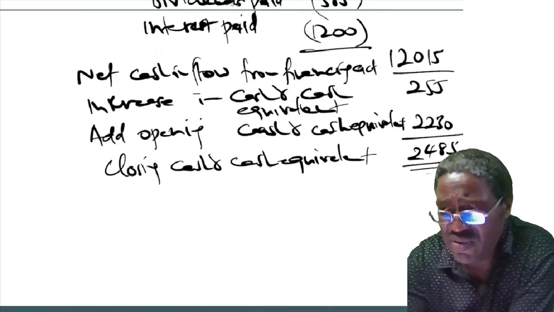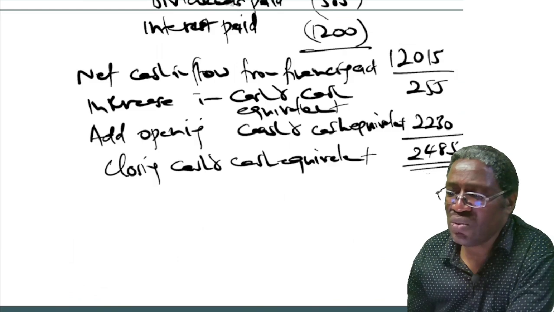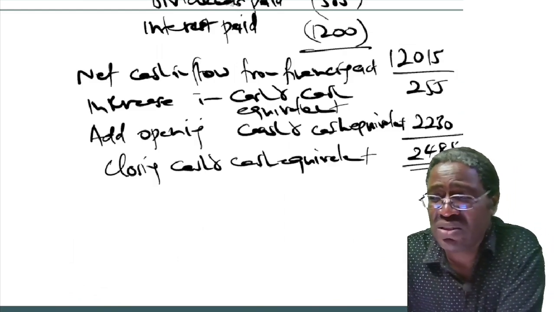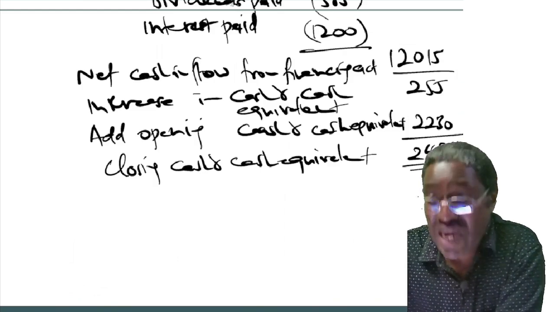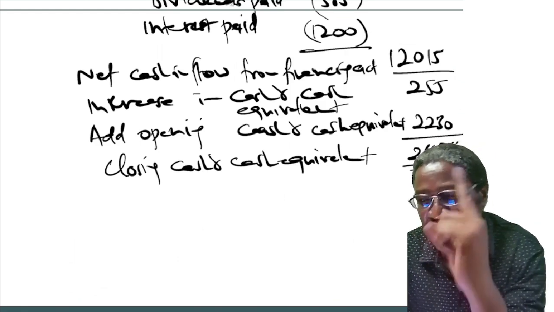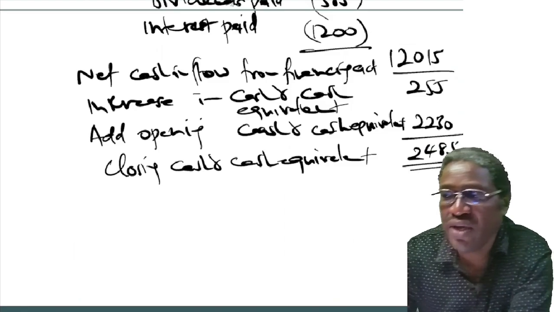So what I was saying, Vincent, is this. That when it comes to cash flow, IAS number 7 allows interest paid to be part of operating. Why?